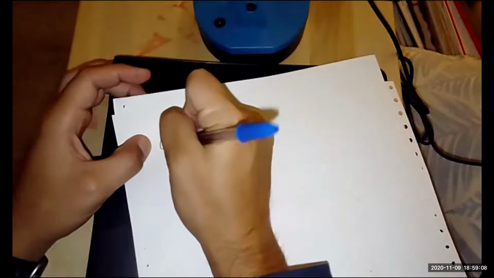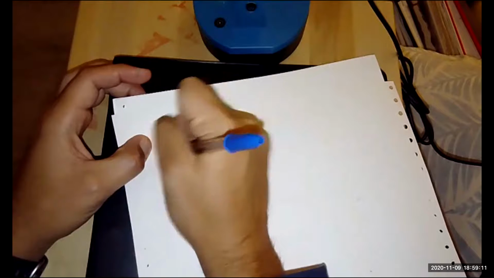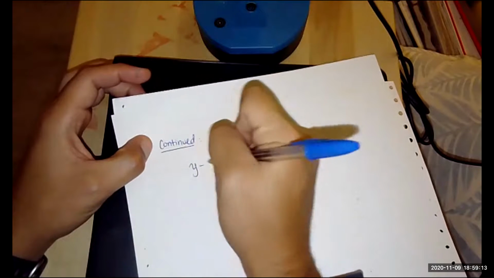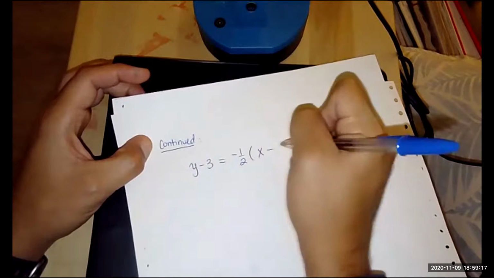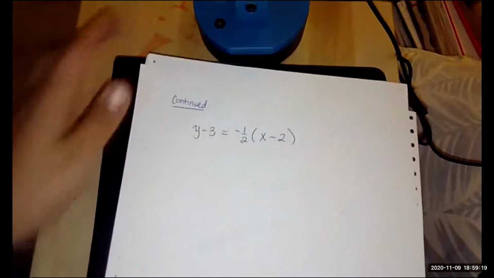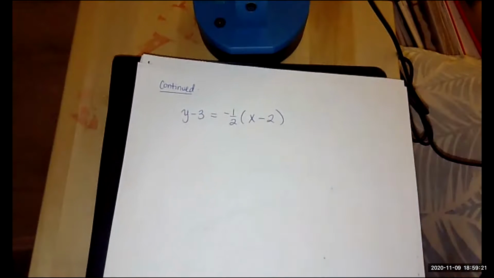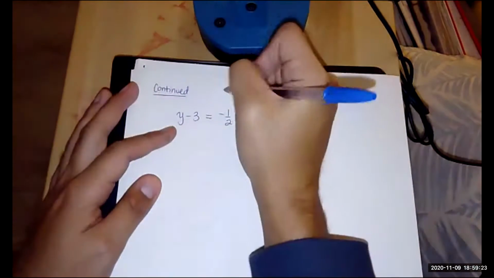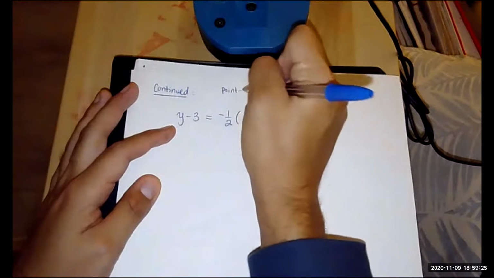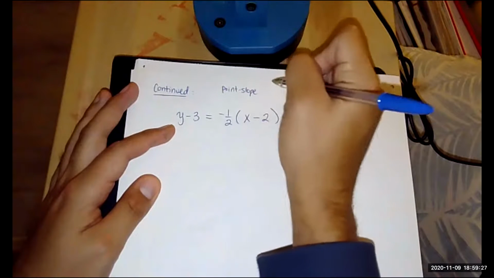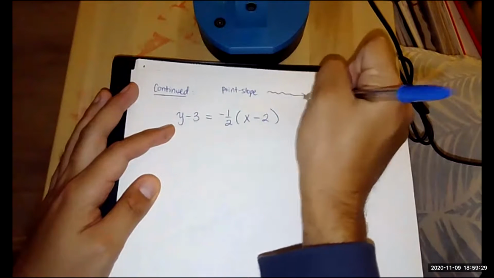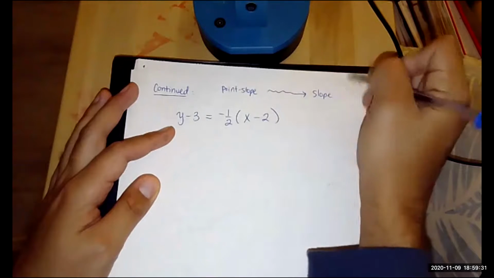So it's y minus 3. We have y minus 3 is equal to negative 1/2 times x minus 2. And remember, we're trying to go from point slope form to slope intercept form.